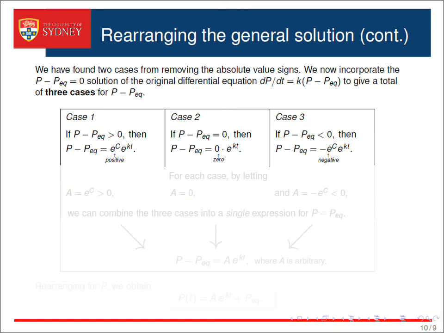This was identified as a solution to our original equation. We can then say that P minus P eq is equal to 0 times e to the kt. Case 3. If P minus P eq is negative, we found that P minus P eq is equal to negative e to the c times e to the kt. We also note that negative e to the c is always negative.